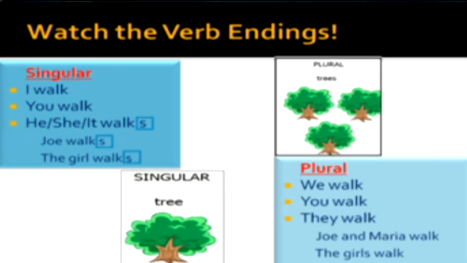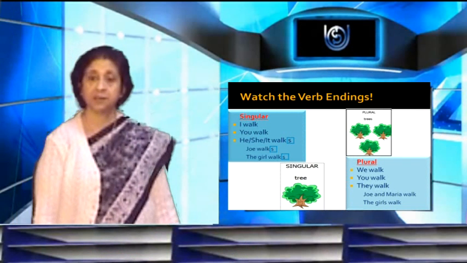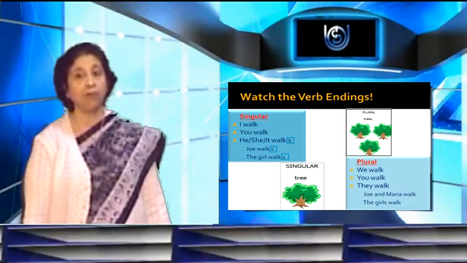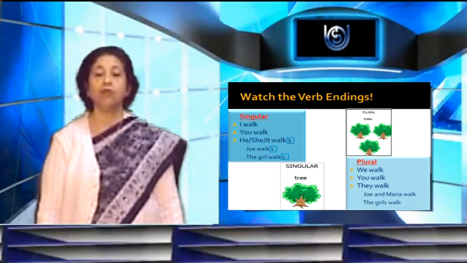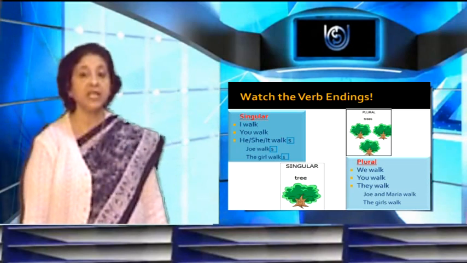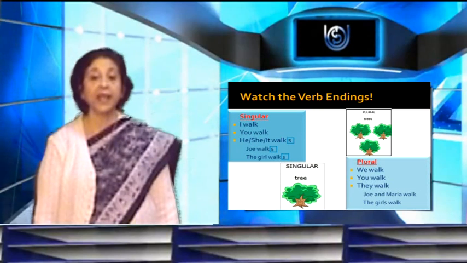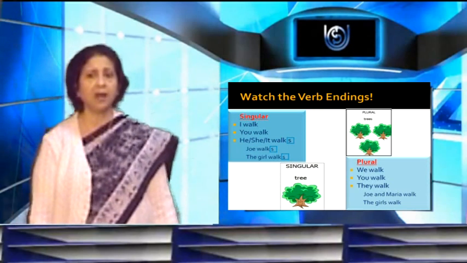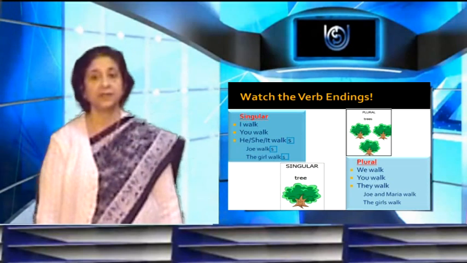Now again you see some examples in front of you. The singular: I walk, you walk, he walks, she walks, it walks, Joe walks, the girl walks. They all are singular. I, you, he, she, it, or any name, or a girl, or a boy, they all are in singular number.